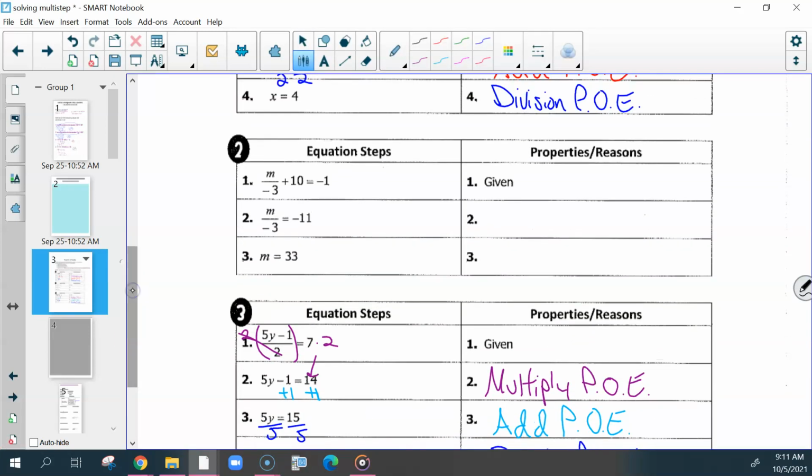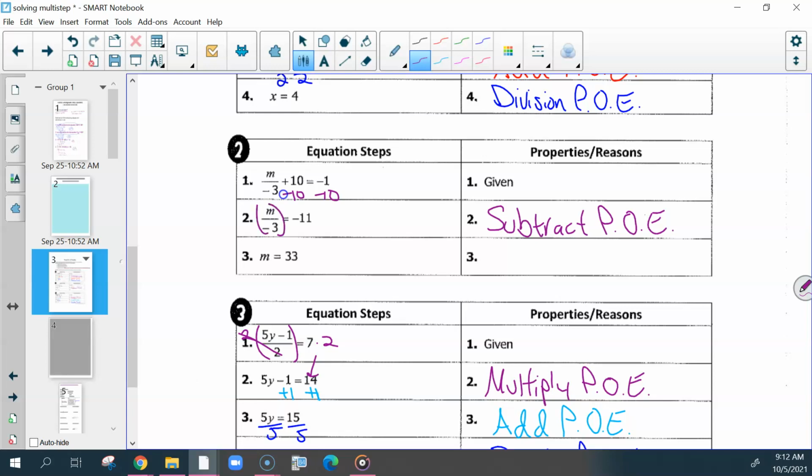Okay, so for this one, what did they do from step 1 to step 2? They subtracted, and what did they subtract? 10 on both sides. And then from step 2 to step 3, what did they do there?